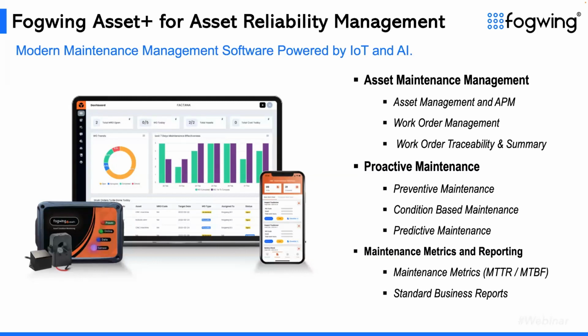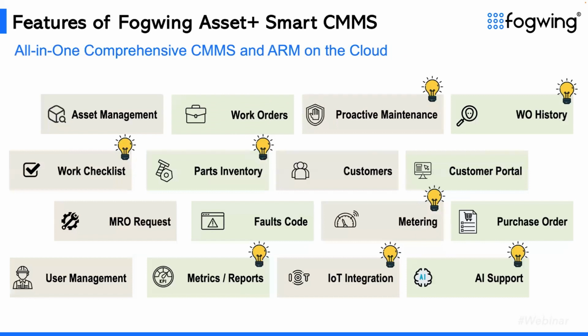But if we go into detail on what level the platform is supporting, our application supporting, we can give the complete modules here. This is a comprehensive solution which supports both CMMS as well as asset reliability management or reliability-centric maintenance operation.